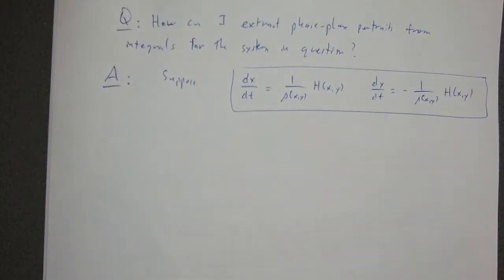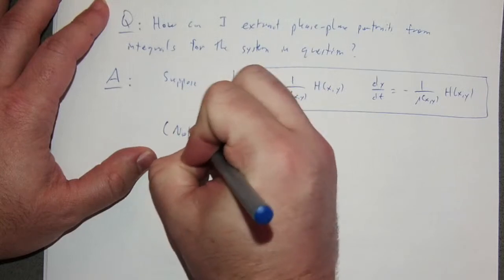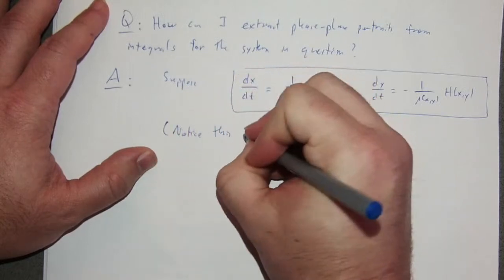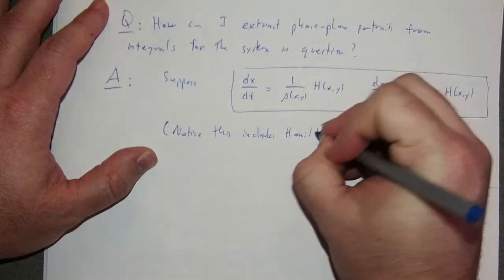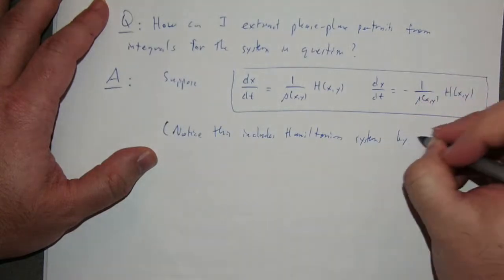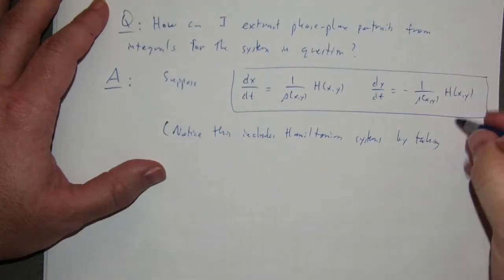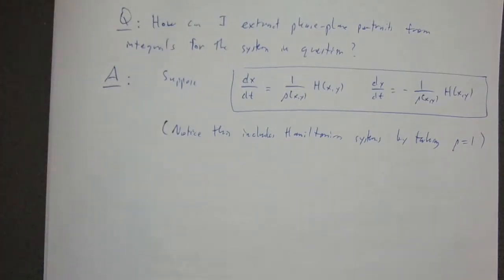Rho is not 0 because I'm dividing by it here. Notice this includes all Hamiltonian systems by taking rho equal to 1.